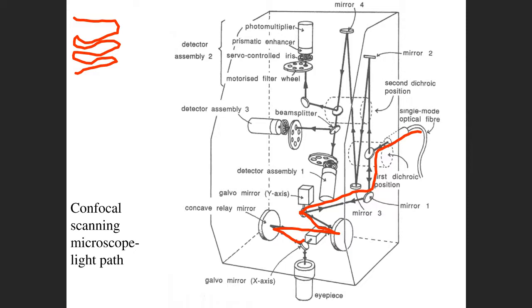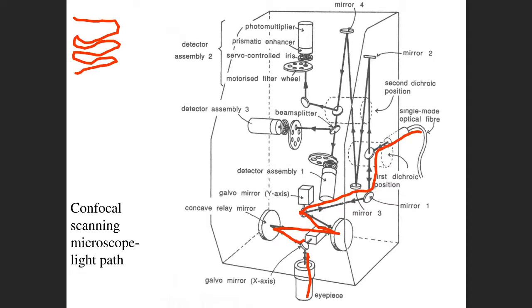And then the light goes into the microscope, hits the sample, and the green fluorescent light comes back. The light is very, very fast, right? It travels very fast. It's instantaneous. And so the fluorescent light will come back instantaneously. Let me change the color.